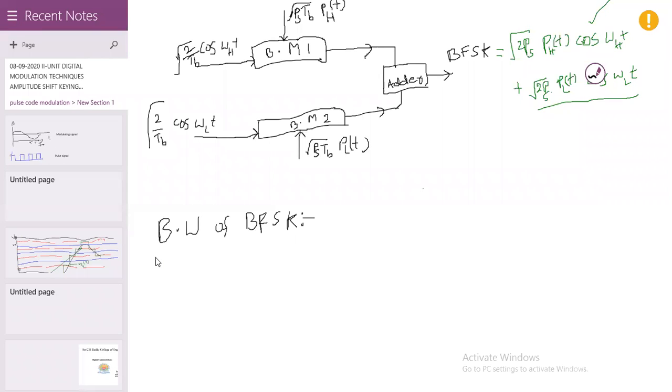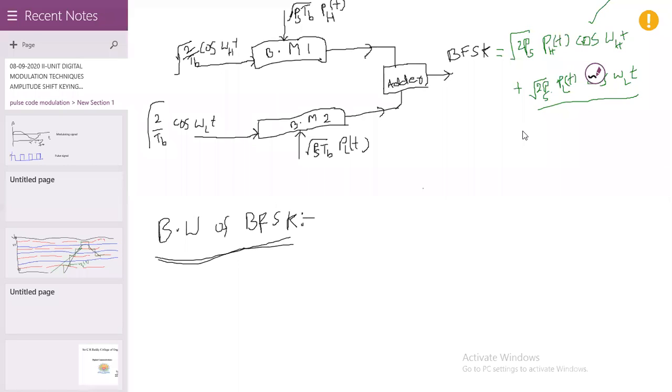For calculating the BFSK signal, when this equation is compared with the BPSK signal, almost everything is the same. Root of 2PS cos of omega naught t when plus 1 is present. If the data is minus 1 volt, minus root of 2PS cos of omega naught t is there.